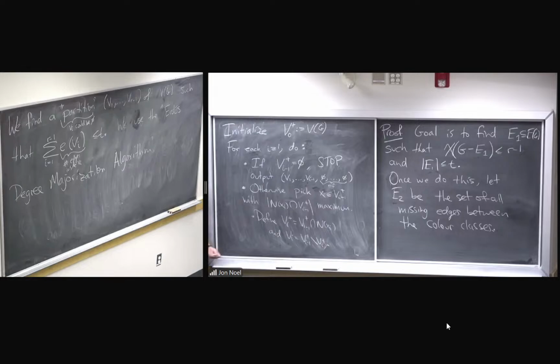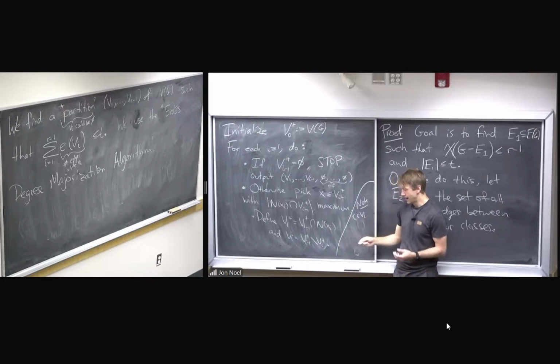Okay. One thing to note is that x i is in V i because x i is not a neighbor of itself. So the size of V i plus is less than, so the set of unprocessed vertices keeps shrinking as we go.